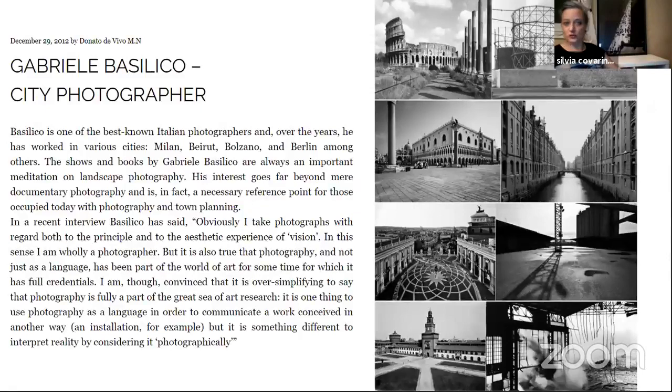And the connection also with the photographer, not only this, I really suggest to have a look at the work of Gabriele Basilico, an Italian photographer, one of the best known Italian photographers, and he was really concentrated on the urban scale in various cities, Milan, where he started to work to perceive a special, the industrial area, the industrial city, and the production area, and then Beirut, Bolzano. Bolzano is also not part of Italy, and then Berlin.